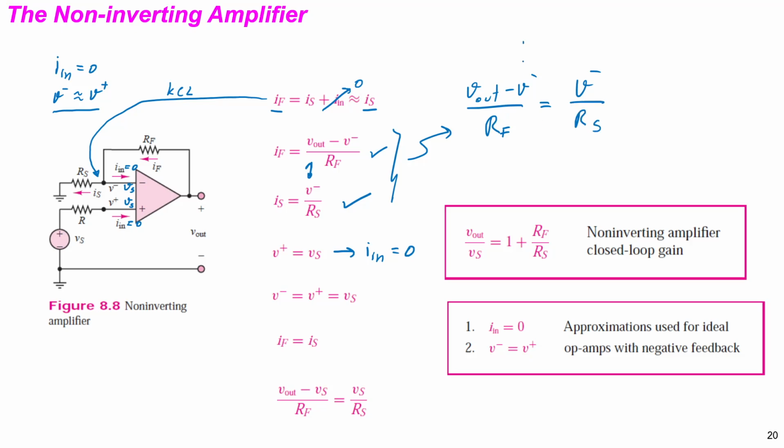We substitute V negative by Vs and we get this relation. Now rearrange this relation. What do we get? V out by RF minus Vs by RF equal to Vs by RS.